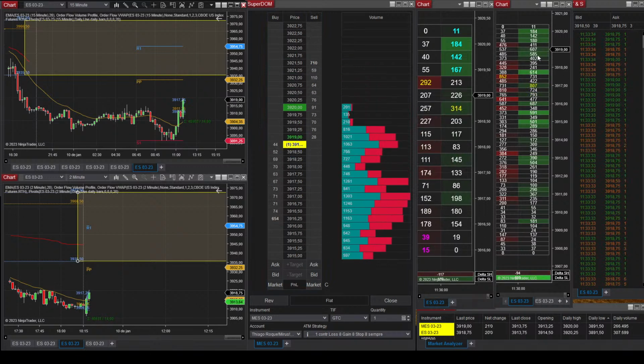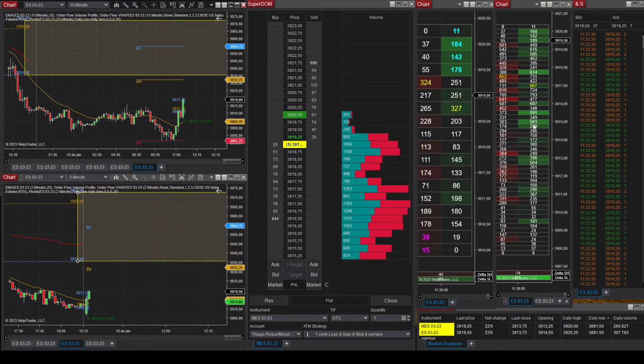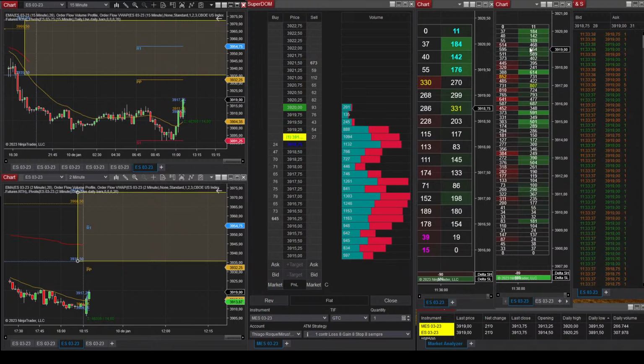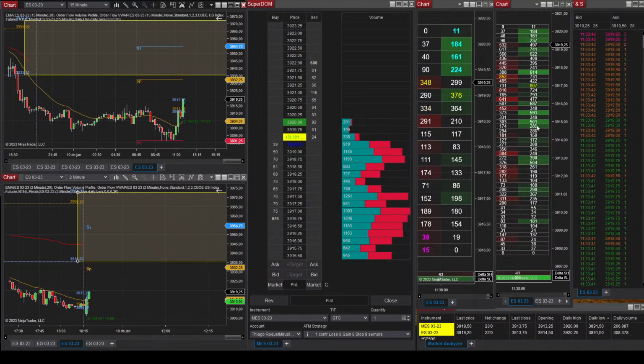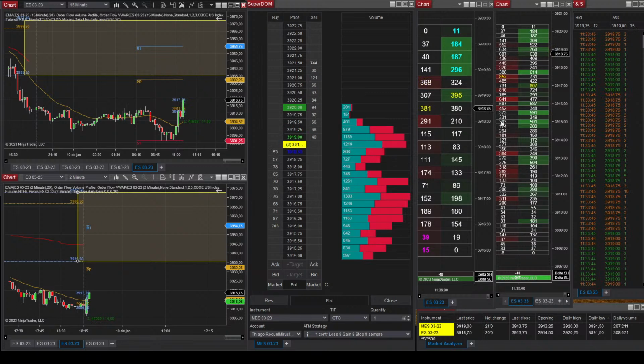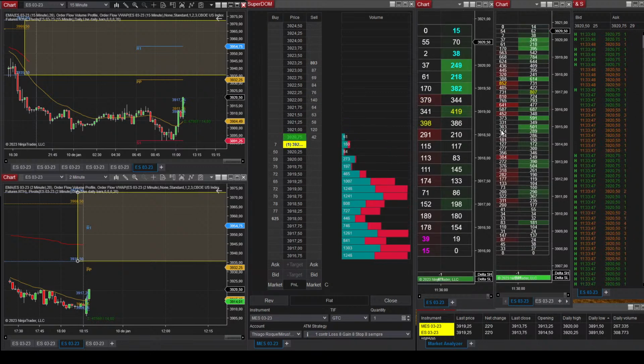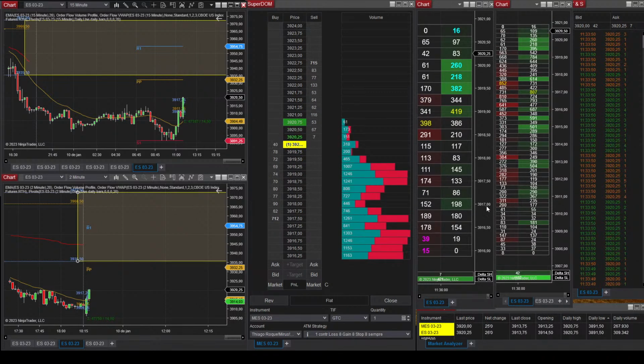If you look at here the volumetric bars, we've seen aggressions from both sides. We've seen that buyers are being very aggressive, but sellers were aggressive as well, with buyers absorption.